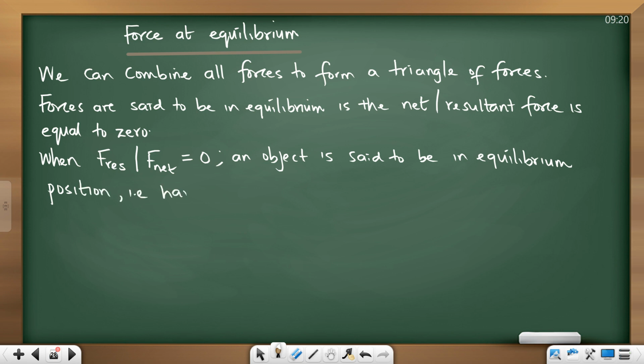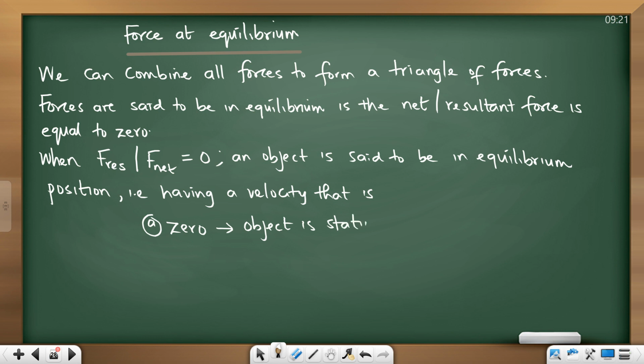That is, having a velocity that is A, 0. That is, the object is stationary. Or B, a velocity that is constant. The object is not changing speed.